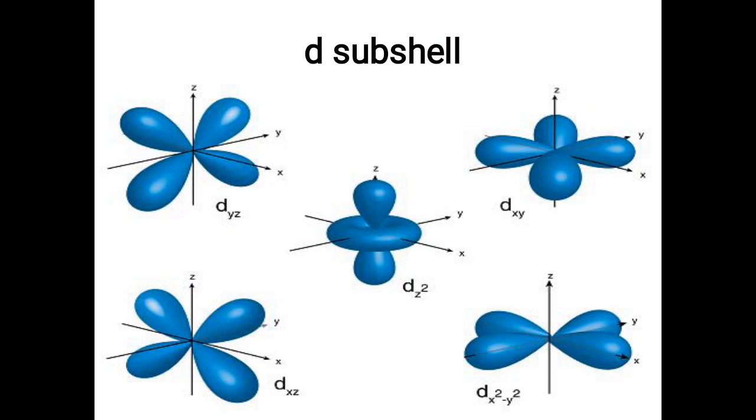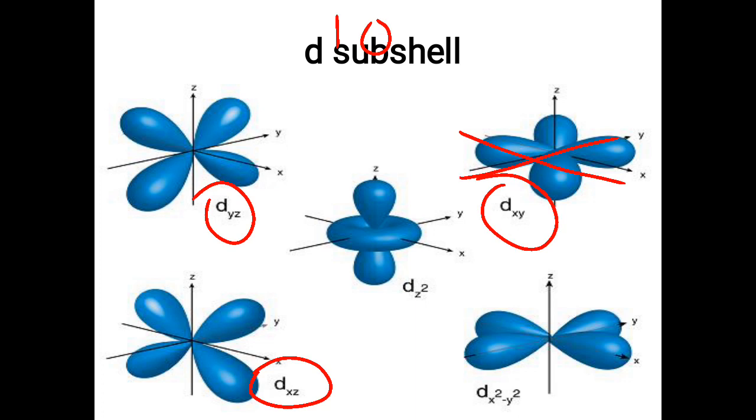Next we see the d subshell. Do you remember that the d subshell can accommodate 10 electrons, and there are 5 possibilities: dyz, dxy, like one of them is on the x-axis, the next is on y, then dxz, dx²−y², and dz².